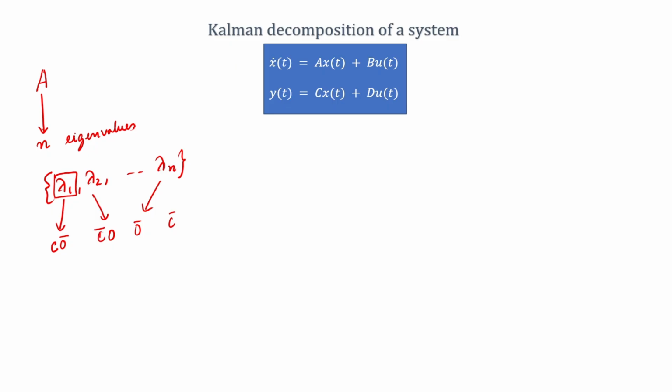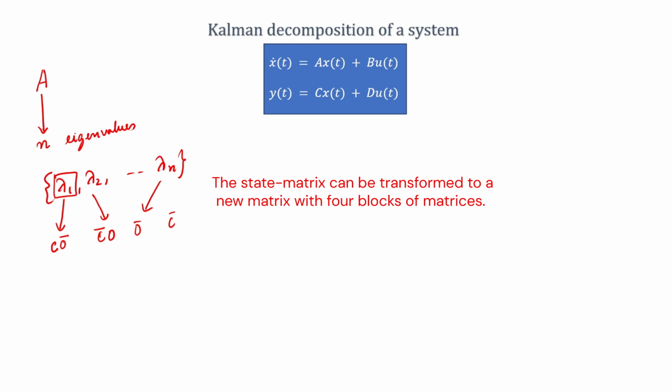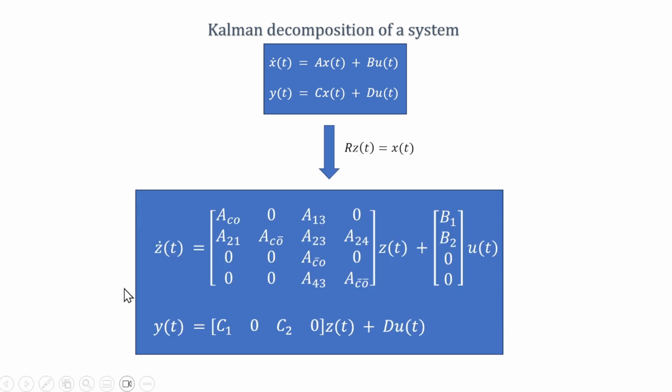So which means the A matrix may also be divided into these four different blocks, and there exists a transformation by which we can do that, and that is the transformation that takes you to what is known as the Kalman decomposition form. I am not going to specify how to find the transformation, but I'll just show you what the transformation looks like.